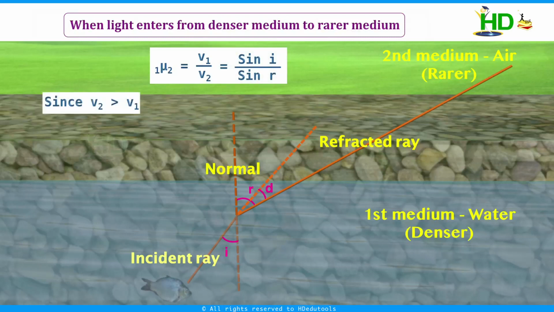Since v2 is greater than v1, the velocity of light in the rarer medium being more compared to the denser medium, r is greater than i. Therefore, we can conclude that when light travels from a denser medium to a rarer medium, it bends away from the normal. Now this is the original path of the ray and this is the refracted ray, and the deviation between these two is the angle of deviation. In this case, the angle of deviation is r minus i.